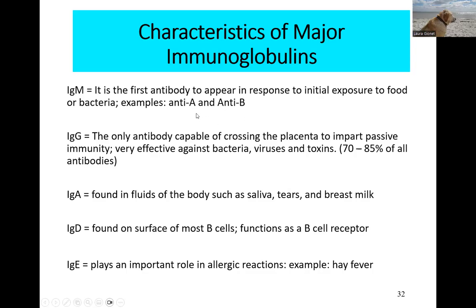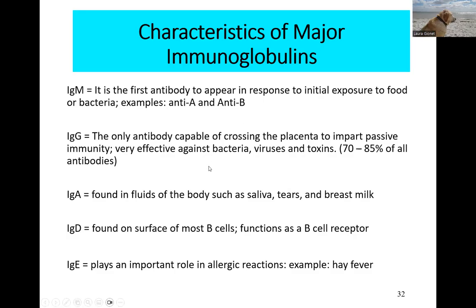Examples of these larger ones are anti-A and anti-B antibodies that you automatically make in your liver. But these are going to be made in plasma cells. So IgM is an example of a pentamer shape. I'll show you in just a minute. They're huge. They have 5 of those Y monomers attached to it.